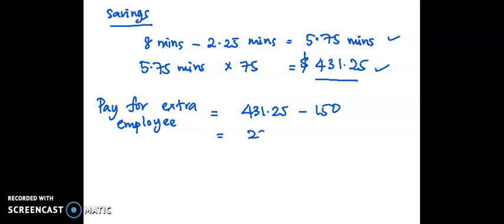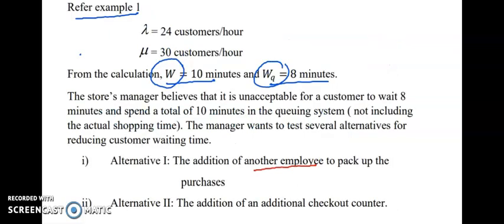So we have a balance of 281.25 per week. So basically we can save 281.25 for that particular week. When we compare the first alternative and the original condition, obviously the first alternative is better because we can save 200 something. Now we go to the second alternative.